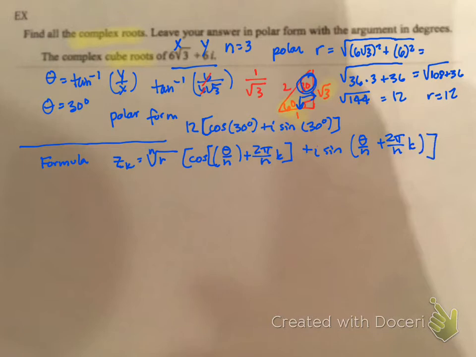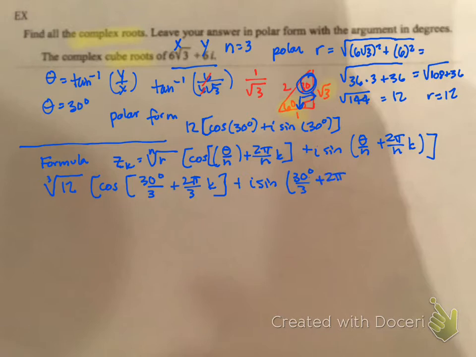Alright, so let's plug and chug. So n is 3. The radius is 12. Cosine of the angle, which is 30 degrees, and we're going to divide that by 3 because that's what n is, plus 2 pi over 3 k, plus i sine of the same thing. So 30 degrees over 3 plus 2 pi over 3 k.